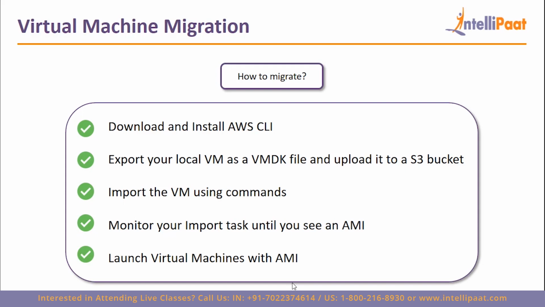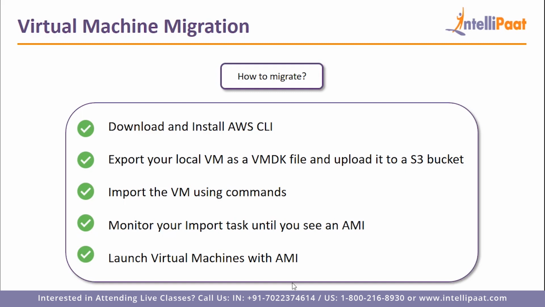After that, we'll be monitoring the import task, that is, seeing whether the AMI creation has been completed in AWS for this local VM. Once the AMI creation is completed, we'll launch a virtual machine using that particular AMI.